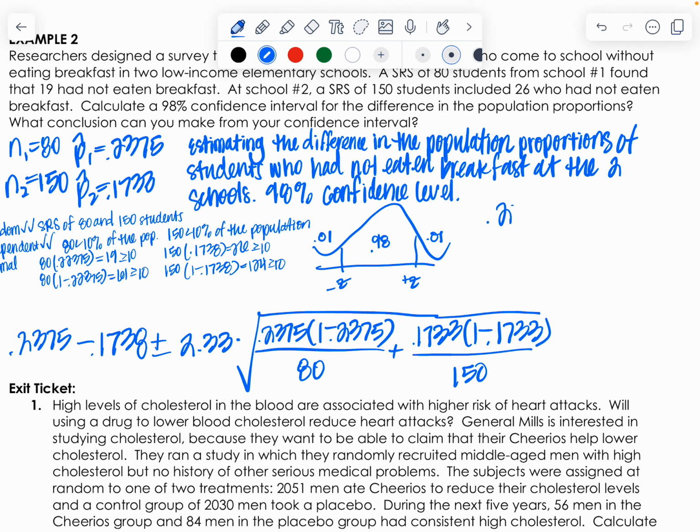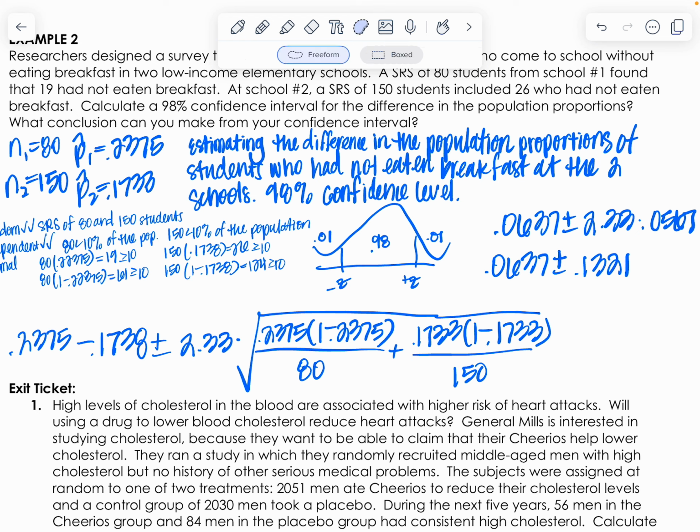Let's go ahead and subtract those to find our difference. So 0.2375 minus 0.1738 is 0.0637 plus or minus 2.33 times 0.0567. So that margin of error is 0.1321.